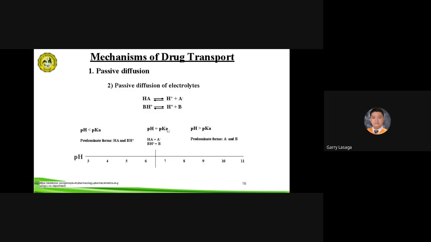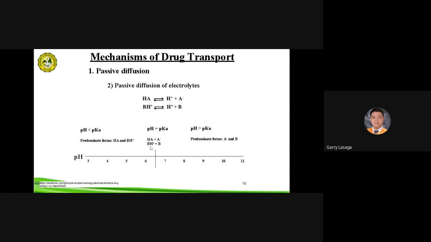The pKa here refers to the pH whereby the proportion of the unprotonated and protonated forms is equal to 1, they are equal. The same is true for the weak base.